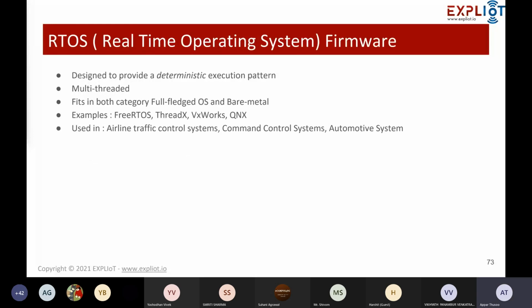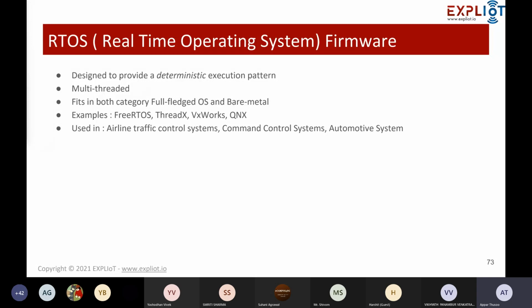Now moving on to the next one, the RTOS, which basically stands for real-time operating system firmware. These are designed to provide a deterministic execution pattern, which means a high priority task will be executed first, and the remaining tasks would be on hold while this high priority task is being executed.